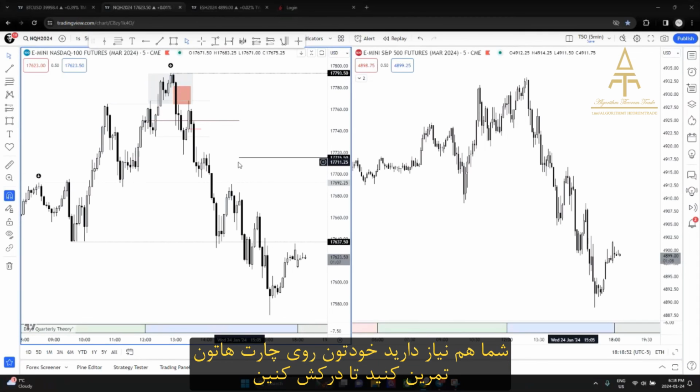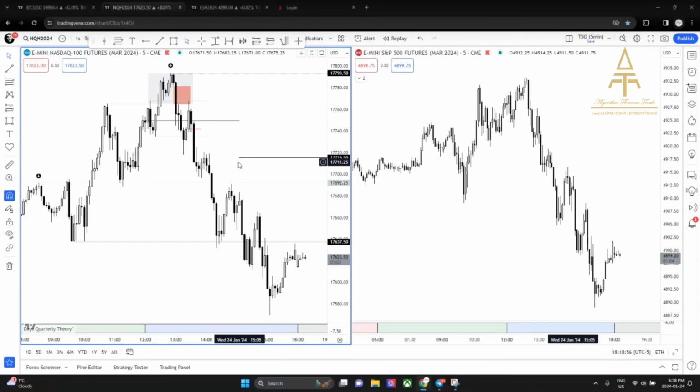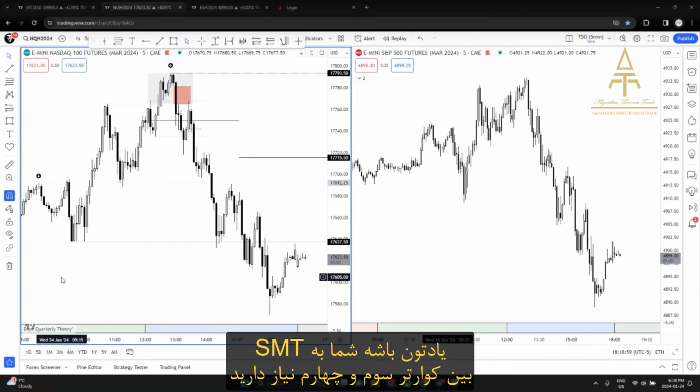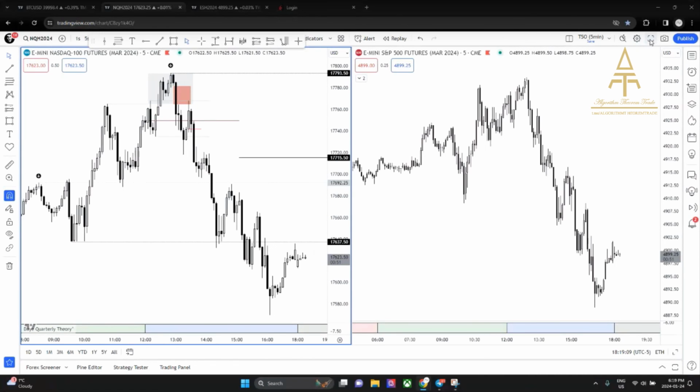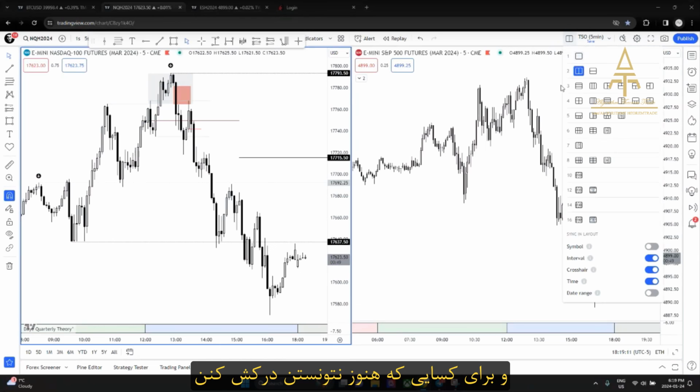I need you guys to go through your charts and try to understand this. Remember, Q3, Q4, you need SMT between these. You need SMT between these 2 quarters.